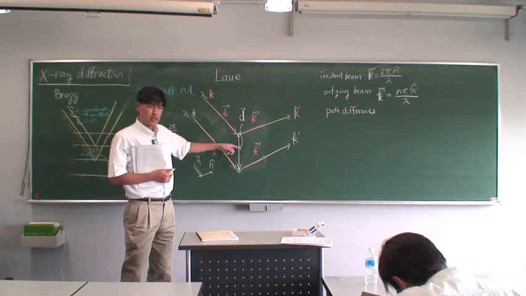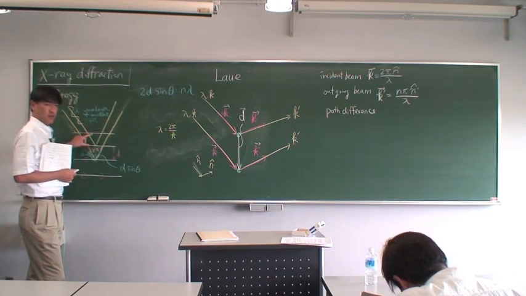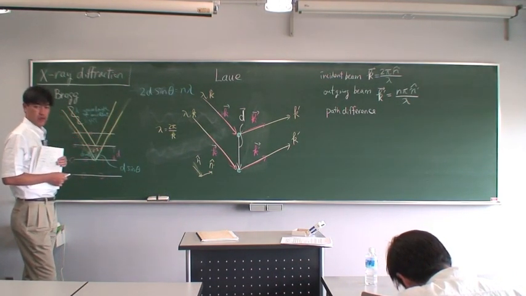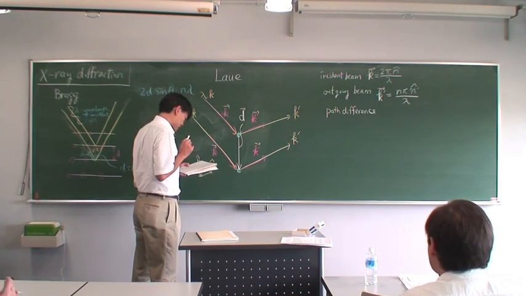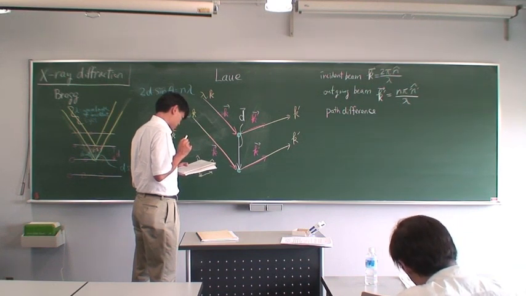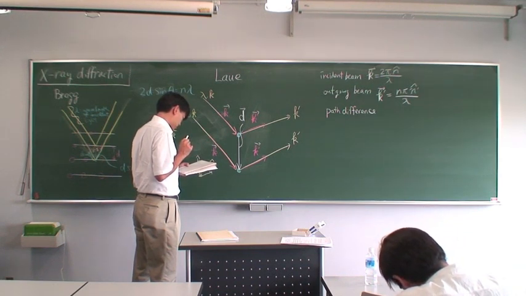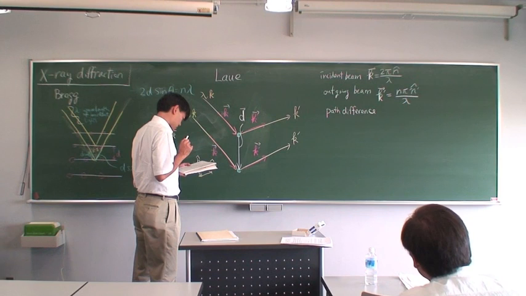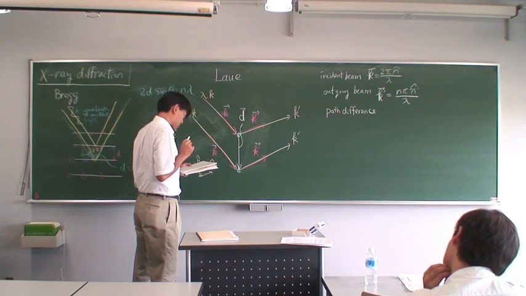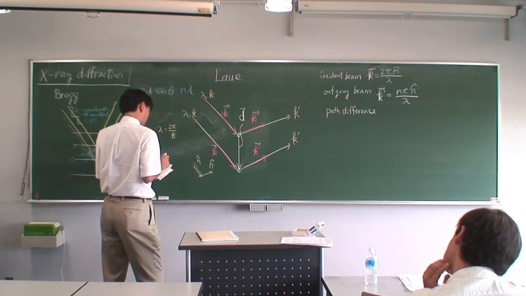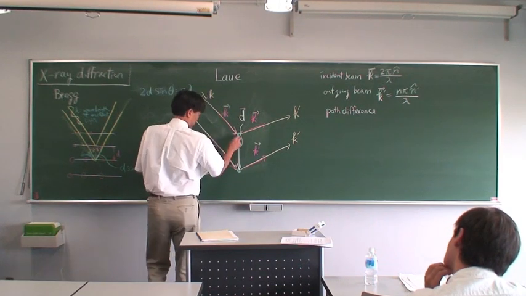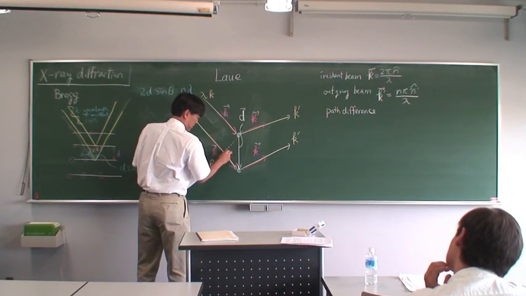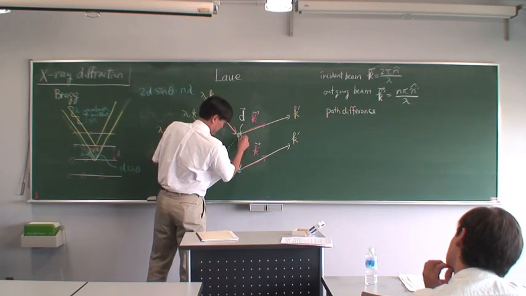And d, I say d because this corresponds to d here, right? Roughly. Not exactly, but roughly. Okay? So that's d. And if we do so, then the path difference is given by, I have to draw a perpendicular line here and a perpendicular line here.